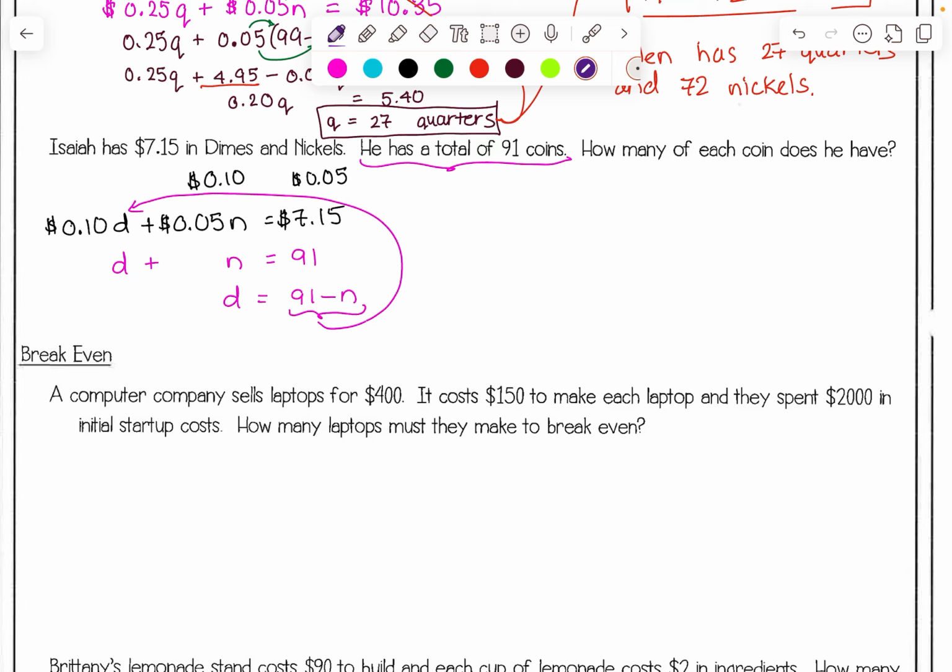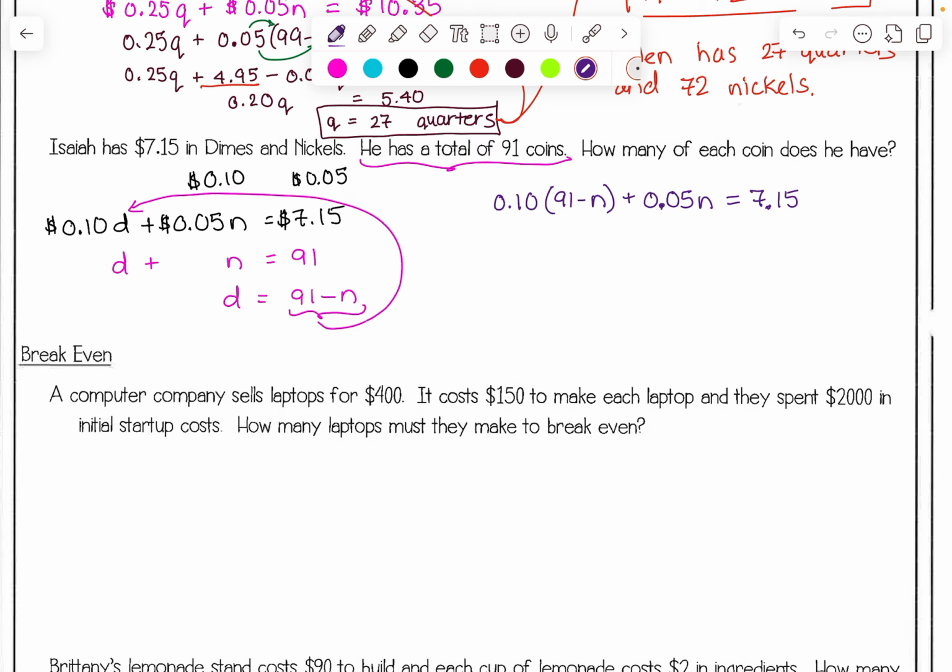So I'm going to plug this into my other equation for D. So here we go. For purpose of the problem and to avoid all the dollar signs, I'm just going to write the decimal value. 0.10 times 91 minus N plus 0.05 N is equal to 7.15. Once again, folks, you can multiply by 100 because all of these are in the hundreds place. You can multiply 100 throughout your equation to get rid of the decimals and work with whole numbers, but I'm not going to.